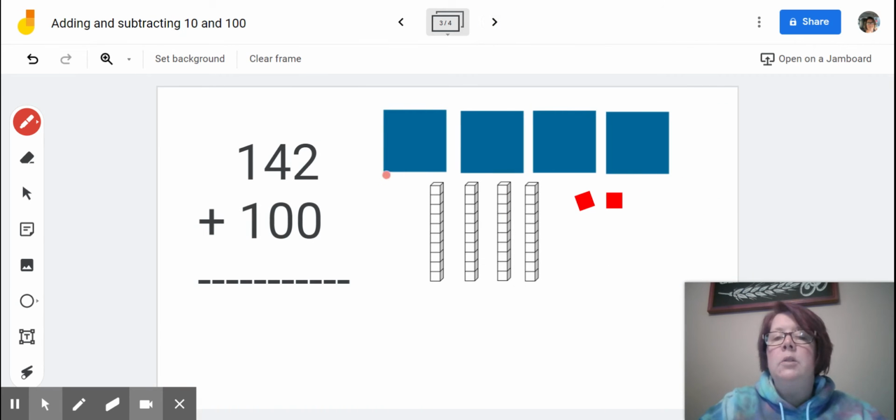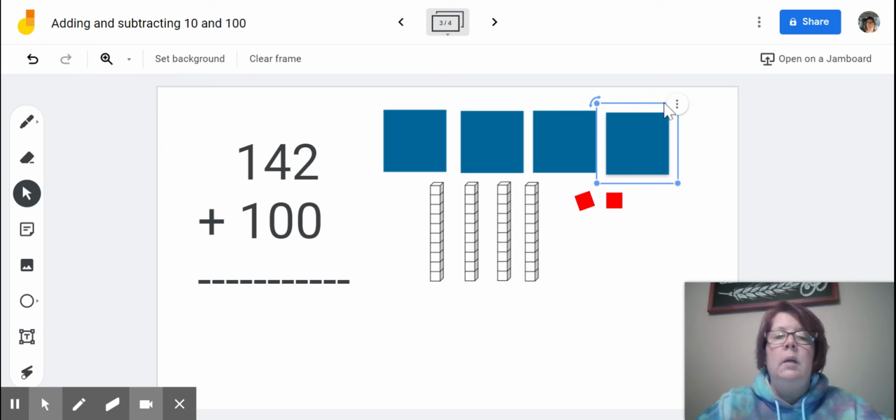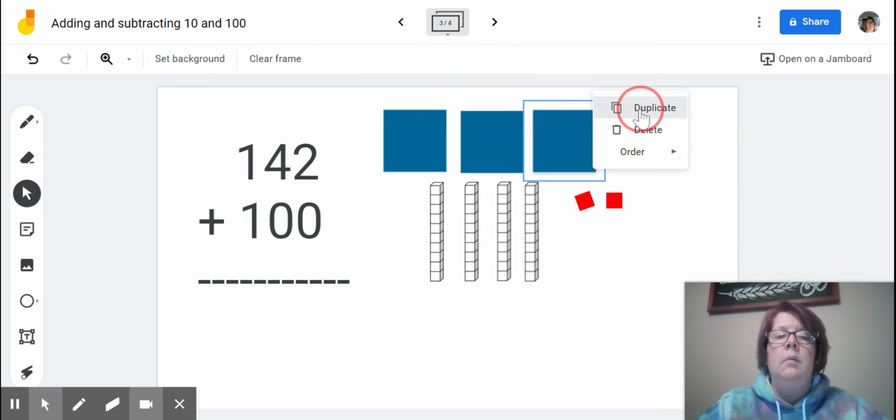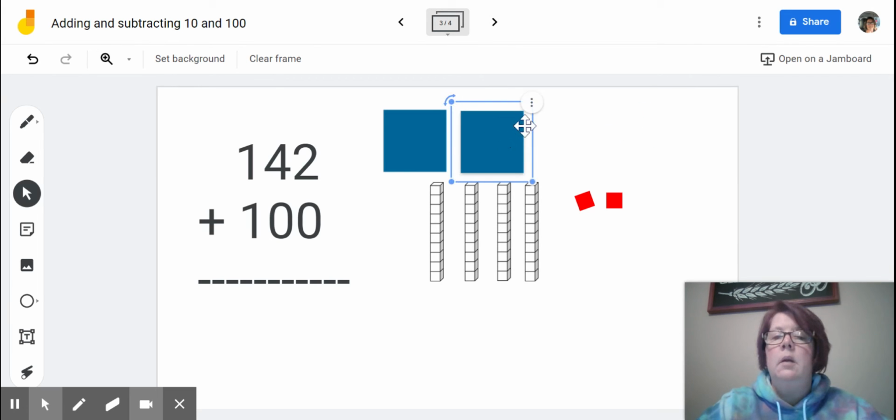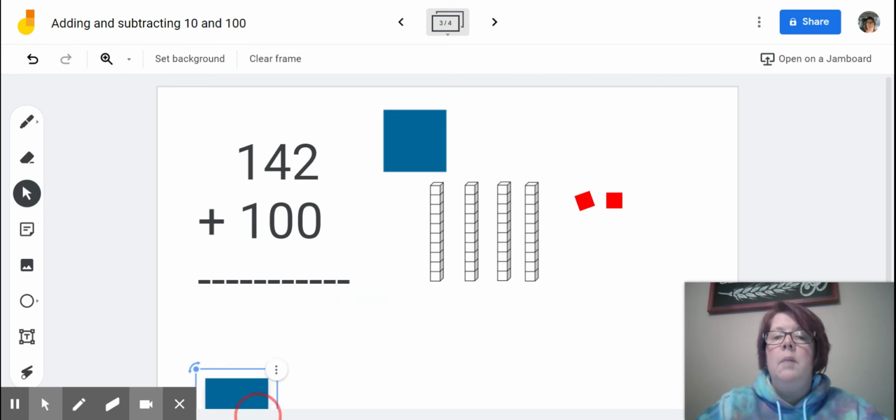So now let's look at adding 100. You're going to need to get rid of some of these because our number is 142. We're going to put this one over here.